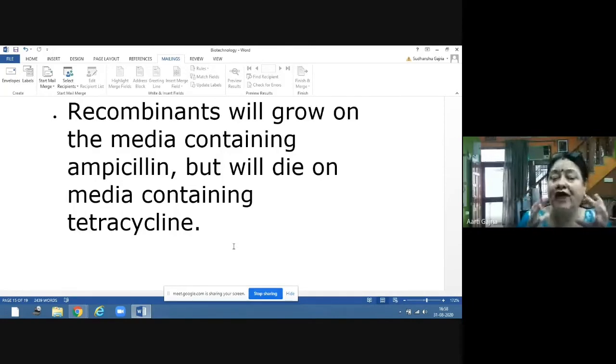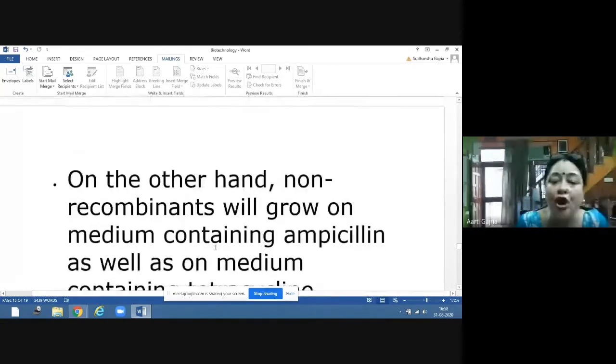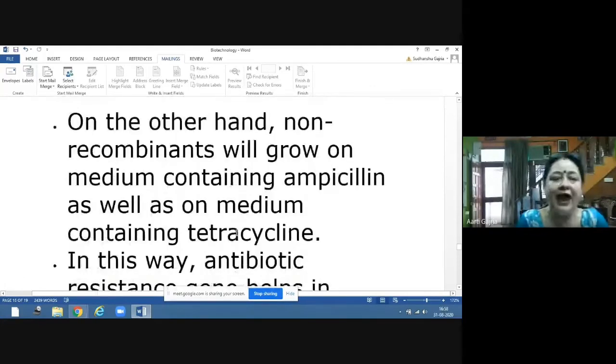Those vectors which have not been converted into recombinants will show the resistance for tetracycline also, because in them the tetracycline resistant gene is present. On the other hand, non-recombinants will grow on medium containing ampicillin as well as on medium containing tetracycline.